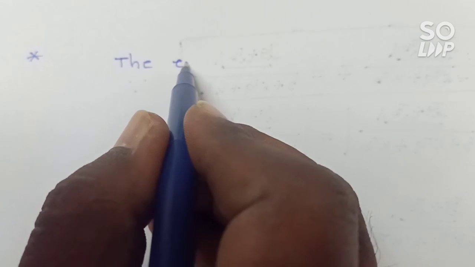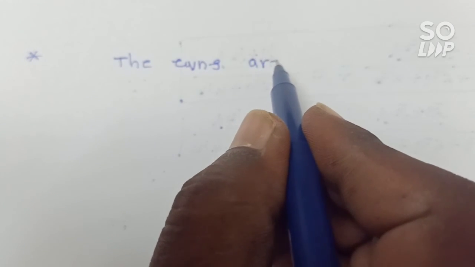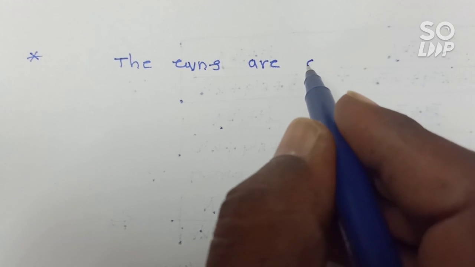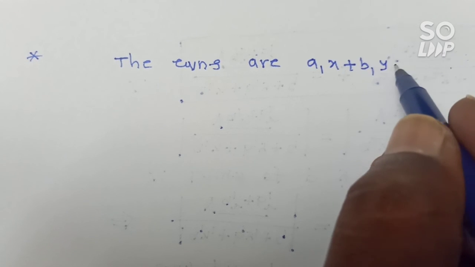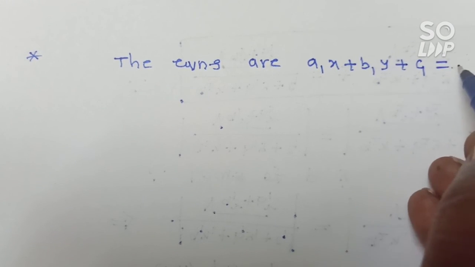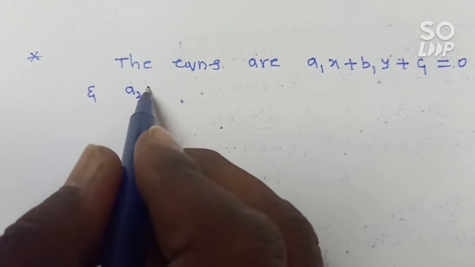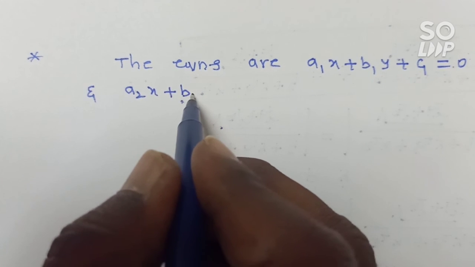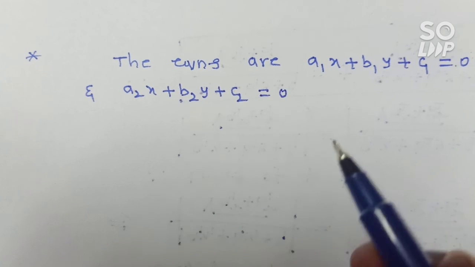First of all, the given equations are: the first equation is a1 x plus b1 y plus c1 is equal to 0, and another equation is a2 x plus b2 y plus c2 is equal to 0.